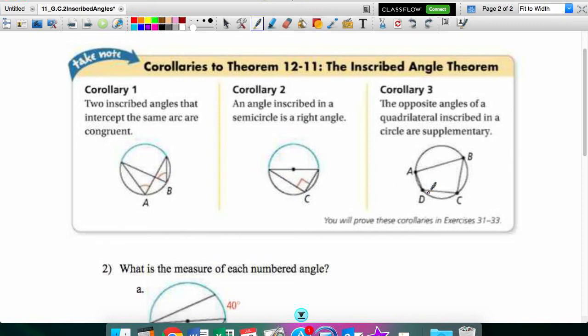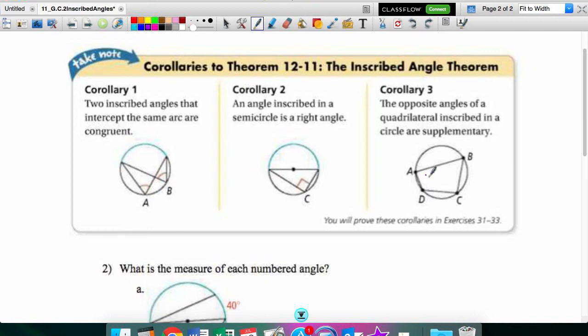Now the third corollary isn't as obvious, and it would take a little bit more explaining, which I'm not going to go too into depth about. But essentially, it can be proven that the opposite angles of any inscribed quadrilateral will be supplementary. This means that they add up to 180 degrees.